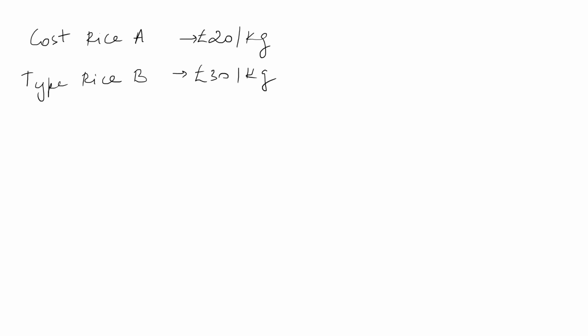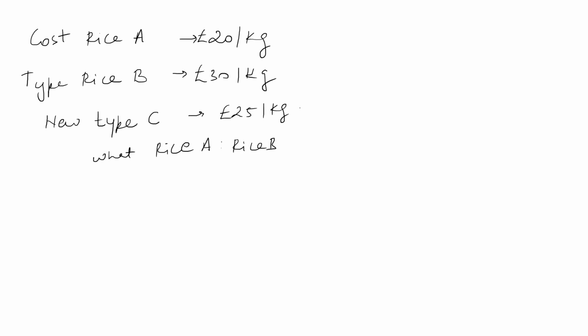Now, the question is, I would like to mix rice A and rice B in such a way that the new type of rice that is created, let's call it C, we can then sell at, let's say, 25 per kg. And the question would be, in what ratio should you mix rice A to rice B?